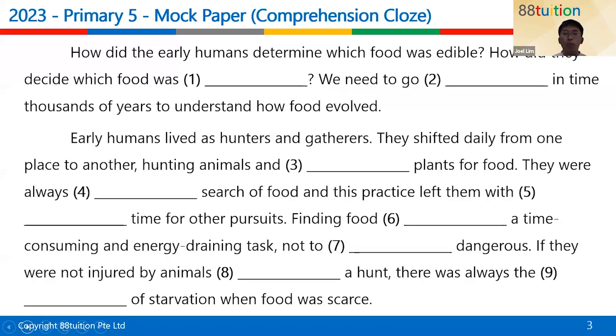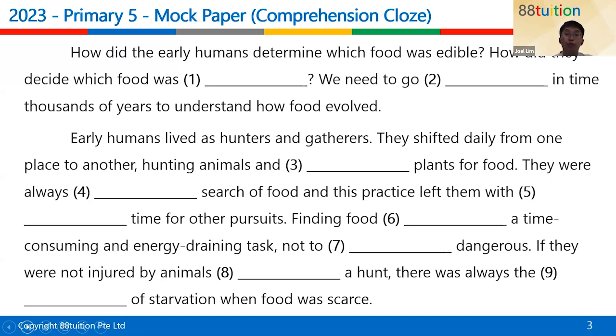Comprehension. Now, comprehension is actually a section that's really tough for a lot of pupils because they lack vocabulary. So it's either that or they don't know how to look for clues within the passage itself. So actually, the first step when you deal with comprehension cloze, right, is not to immediately fill in the words.